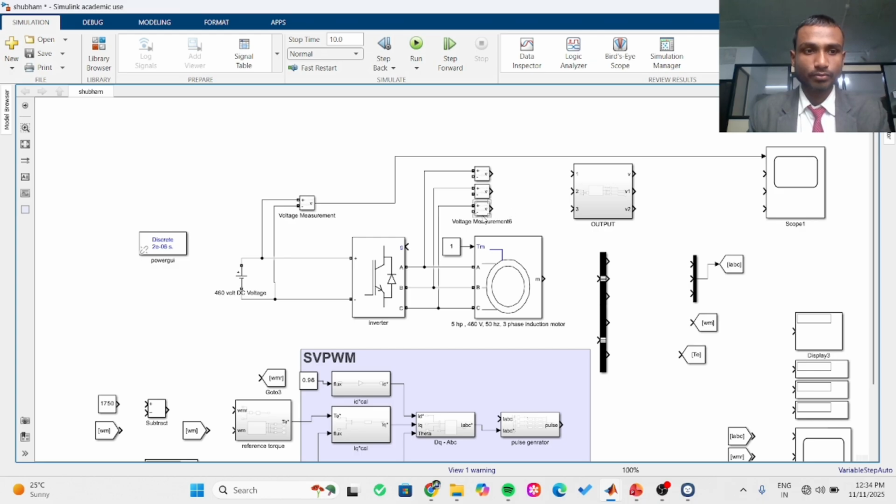After that, we'll join this voltage measurement to this output voltage. After that, we want to join the negative terminals, so all these negative terminals we have to join here.